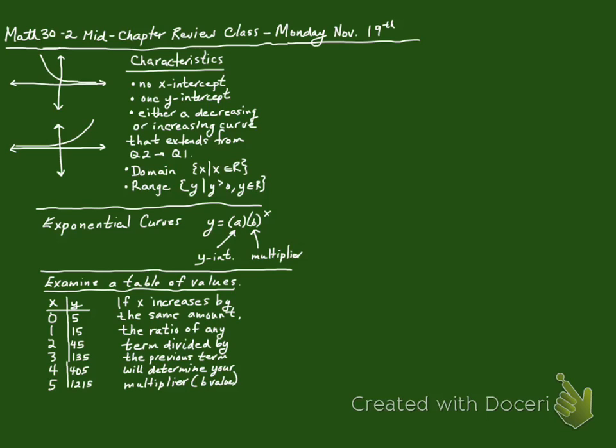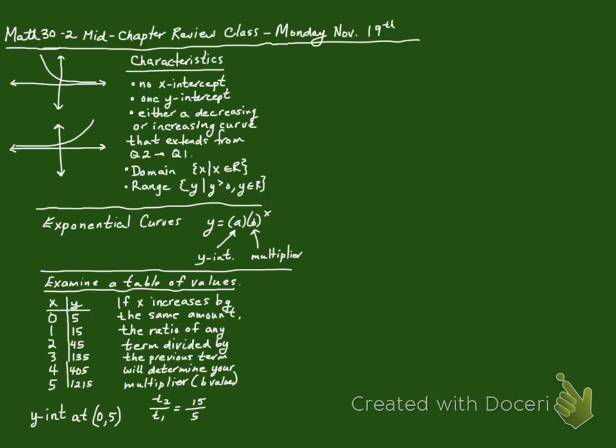Here we have 5, 15, 45, 135, etc. If we took term 2 and divided it by term 1, which would be 15 divided by 5, we would get the multiplier b value of 3. Before we do that, we want to say that the y-intercept has to be at 0, 5.